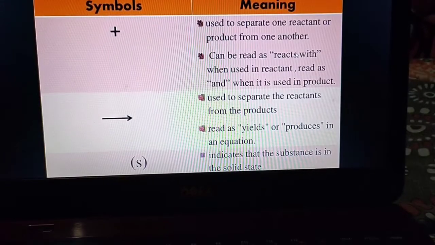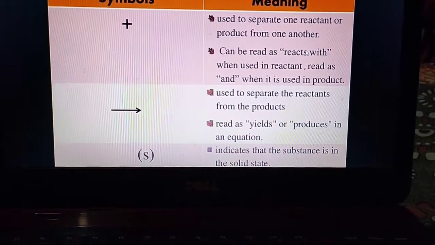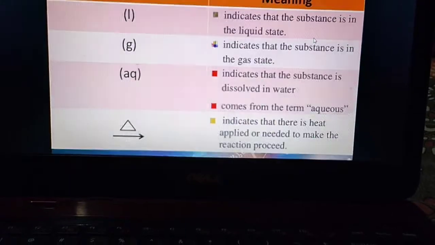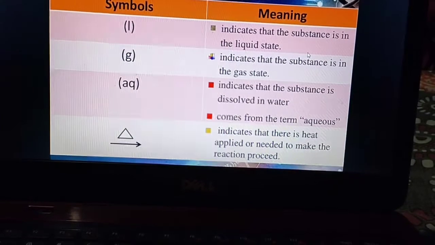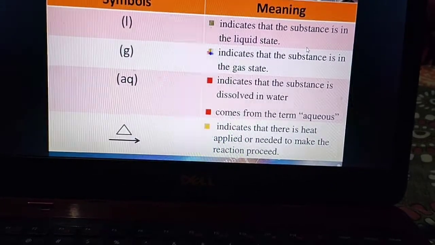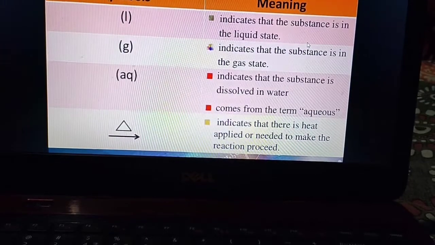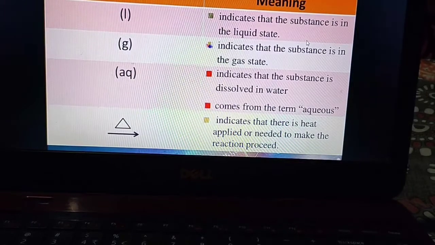The (s) in brackets indicates that the substance is in the solid state. (l) indicates the substance is in the liquid state, (g) the gaseous state. (aq) means that the substance is dissolved in water.